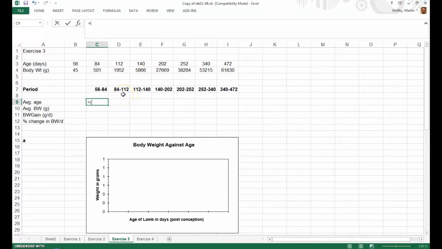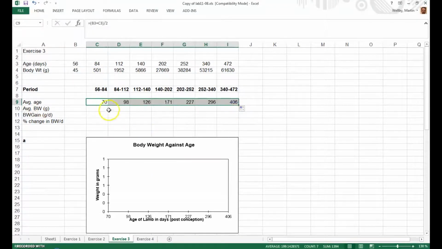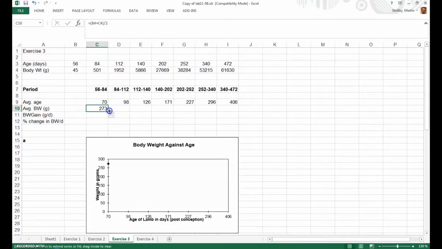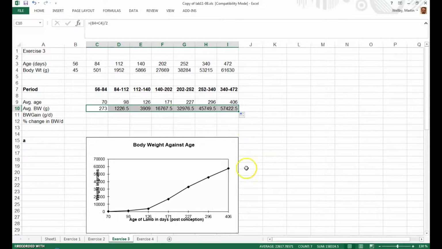So the average age is simply that age there plus that age there divided by 2. And I can just copy that across there. And to work out the average body weight, it's just the same thing, that plus that divided by 2, so I can copy that down and then copy that across.